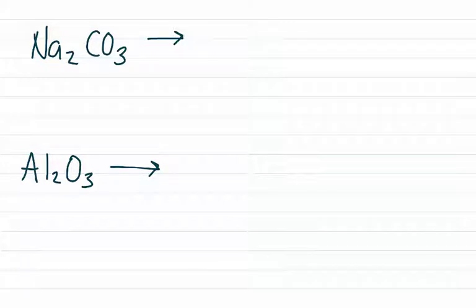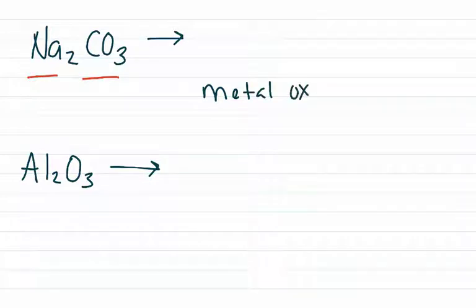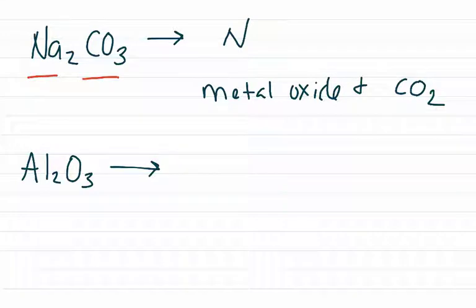The second type that you'll be responsible for knowing is when you have a metal carbonate breaking up. So here we have a metal, sodium, and a carbonate. When this breaks up, the metal carbonate will always break up into a metal oxide and carbon dioxide. So our metal is sodium, so we'll put sodium. If it's an oxide, that means it's reacted with oxygen.